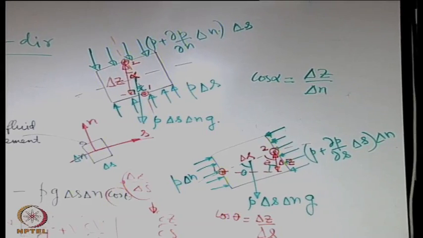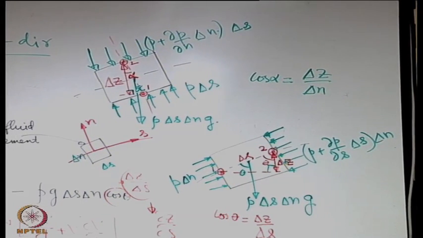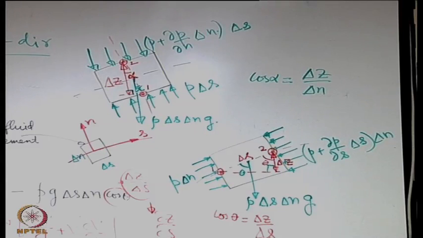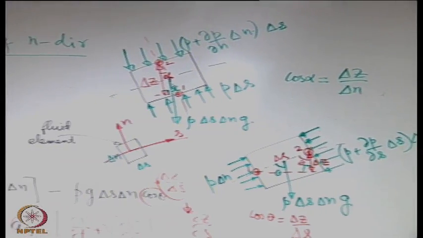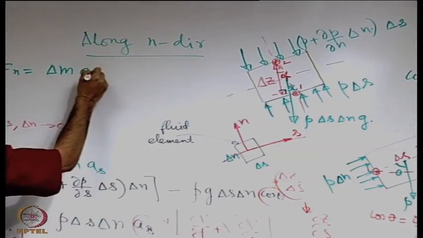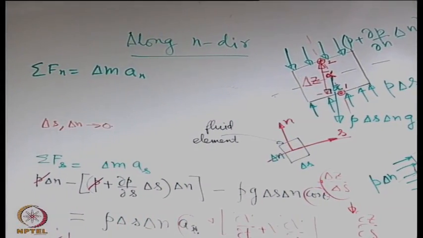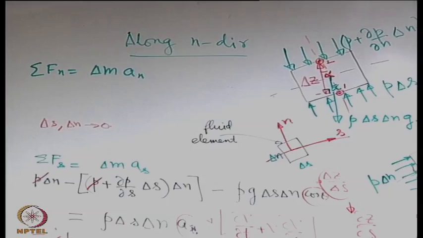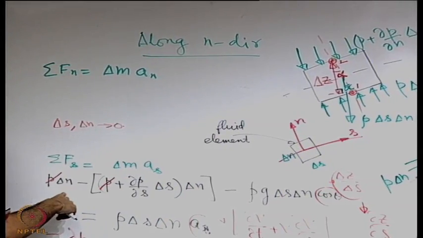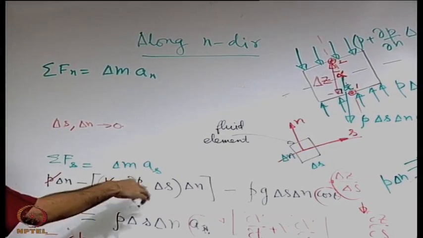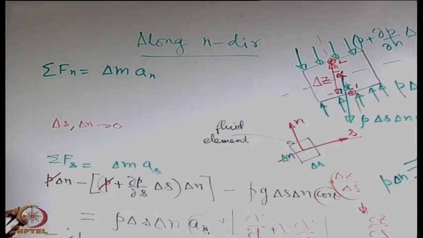Okay. So, let us write the equation of motion for this case. Resultant force along n is equal to the mass of the fluid element times acceleration along n. The left hand side will be very similar to what was along s, except the s's are being replaced by n's.